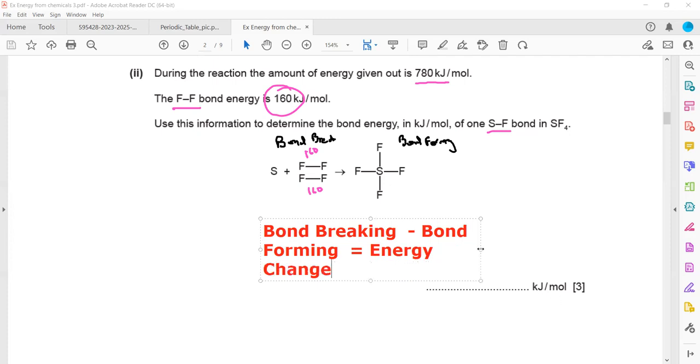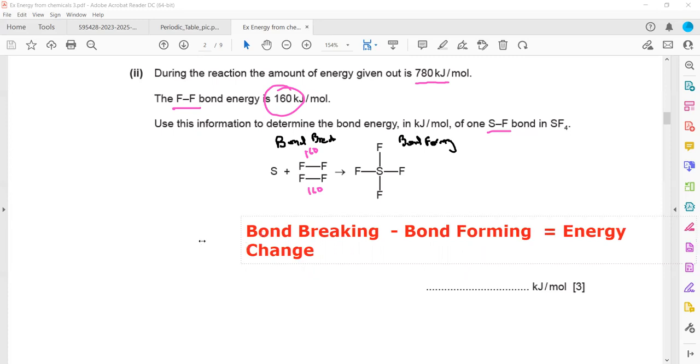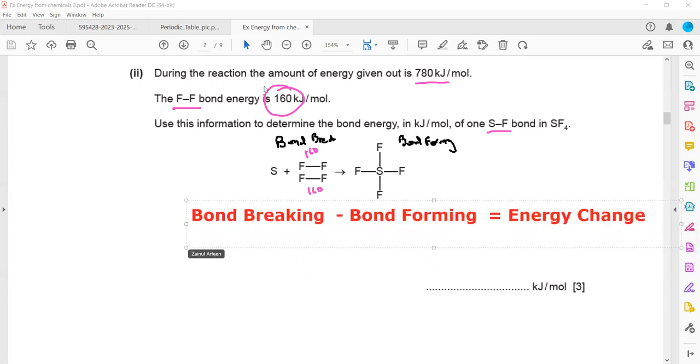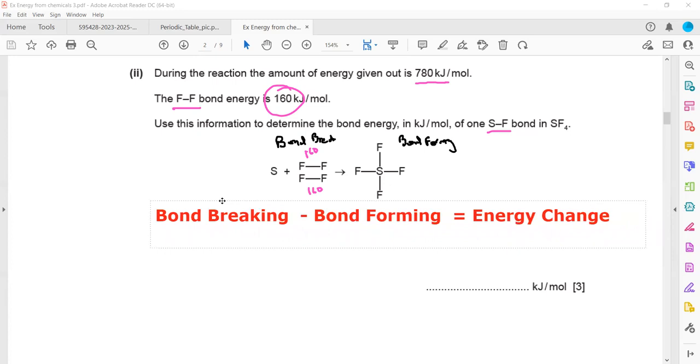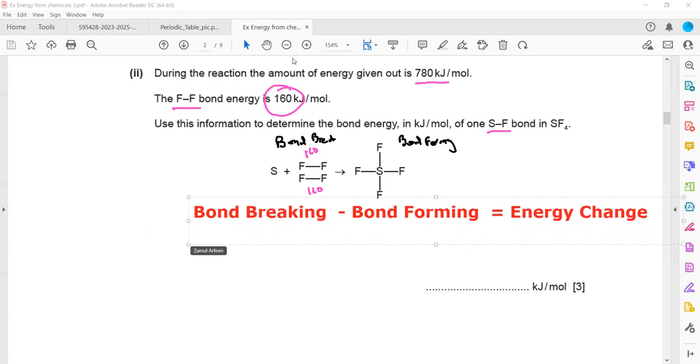The bond breaking energy is 160 multiplied by 2, because we are breaking two bonds, and each is 160. So it will be 160 times 2, minus the bond forming energy, which is what we are finding.